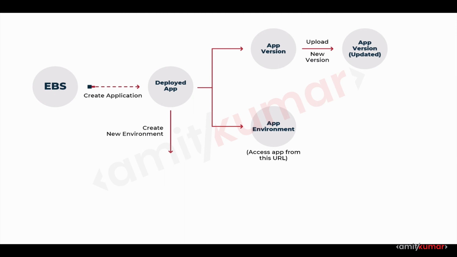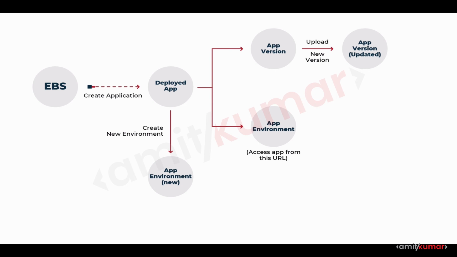We can deploy the same application that has been deployed by default on the default application environment by creating a new environment. And this new environment can be with different settings. We can create this new environment, and the same app is deployed on this new app environment.